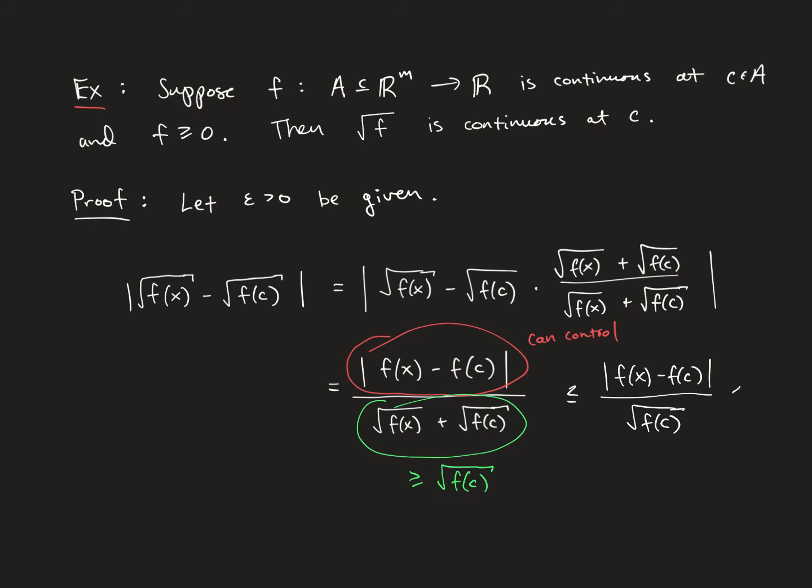And then I can make that less than epsilon by just making this less than epsilon over the square root of f of c. So as long as I make x and c close enough so that the absolute value of f of x minus f of c is less than epsilon times this value, then I'll be good to go. There's just one slight complication here, which is that this f of c might be 0.